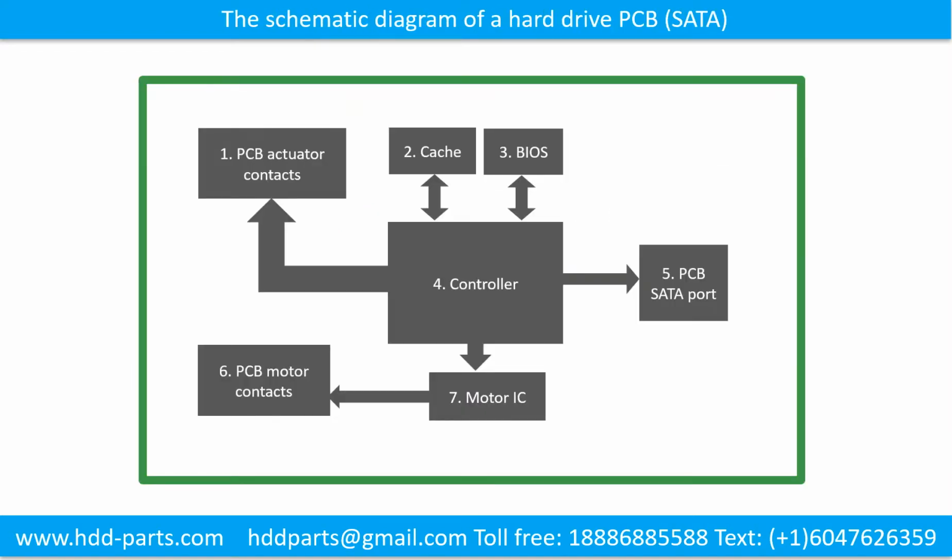The schematic diagram of a hard drive printed circuit board. We use SATA hard drive as an example. This picture shows the schematic diagram of a hard drive and the basic components of the hard drive.